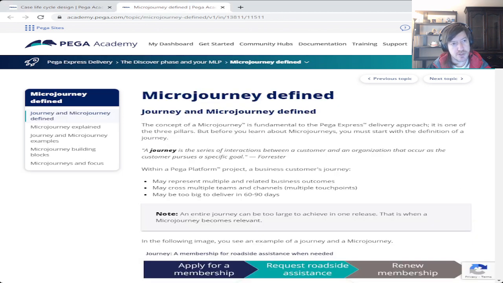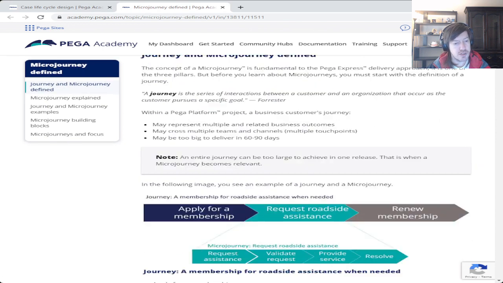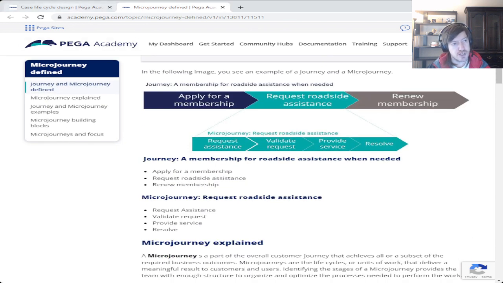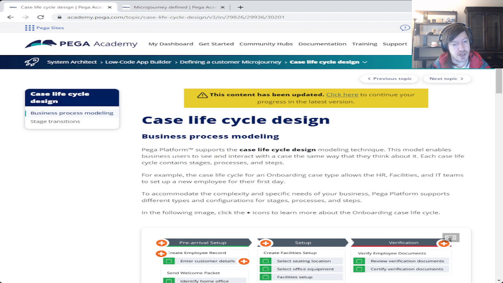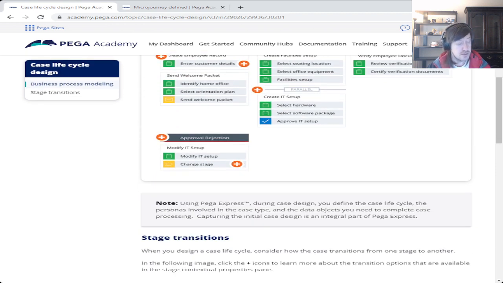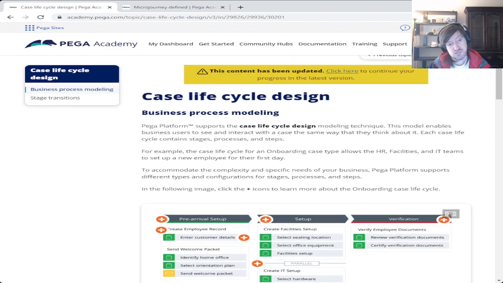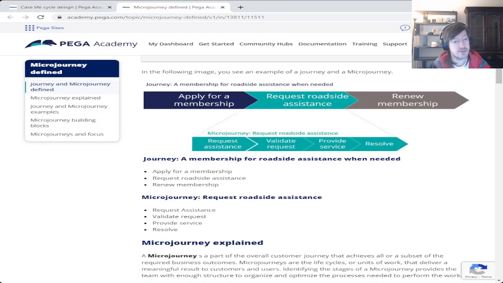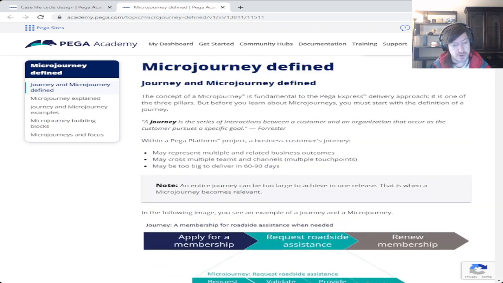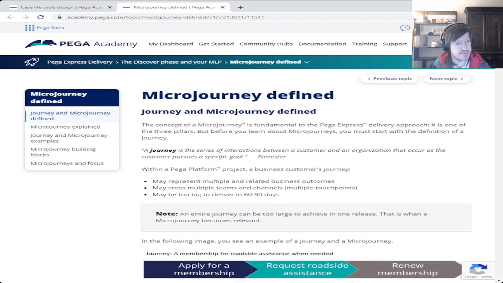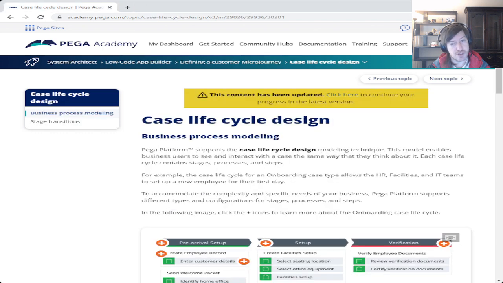So, all right. Well, I was kind of hoping that I could get through that microjourney quickly so that I can move on to the case lifecycle design, but there were just a lot of problems here that took up a lot of time. So that's unfortunate.